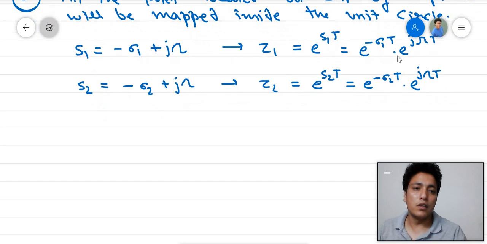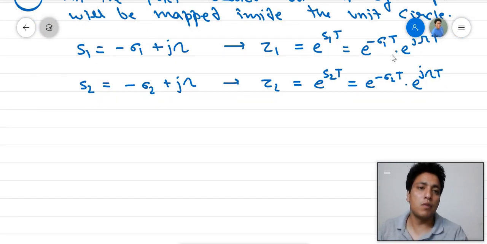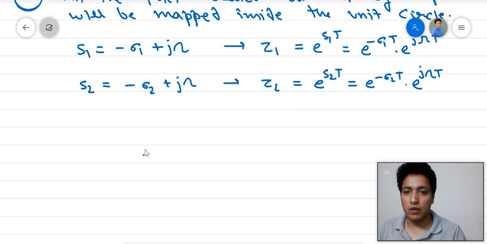We can find out this exponential minus sigma 1t will be always less than 1. So the mod of this z1 will be always less than 1. Similarly the mod of z2 will be always less than 1.